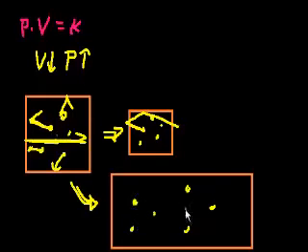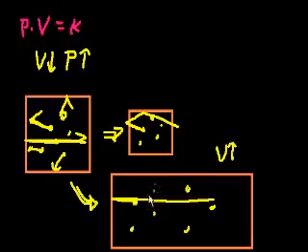And now, in this situation, with larger walls, it might just go bam, and in that same amount of time, it'll maybe get here. It won't even hit the other wall. So the particles, on average, are going to be colliding with the wall less often, and the walls are going to have a larger area as well. So in this case, when our volume goes up, the pressure in the container goes down.